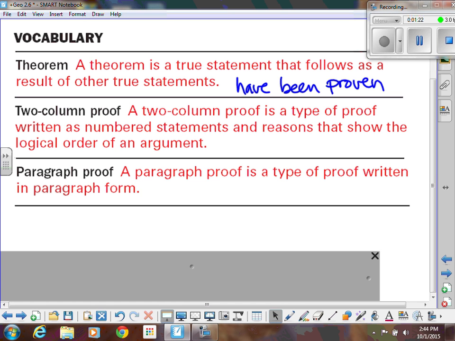And then we also have something called a flow proof. And these look more like flow charts. So it'll have a lot of bubbles with arrows and things like that. And I'll do an example for you in just a little bit so you can see what that looks like. I'll also do a paragraph proof so you can see what that looks like as well.